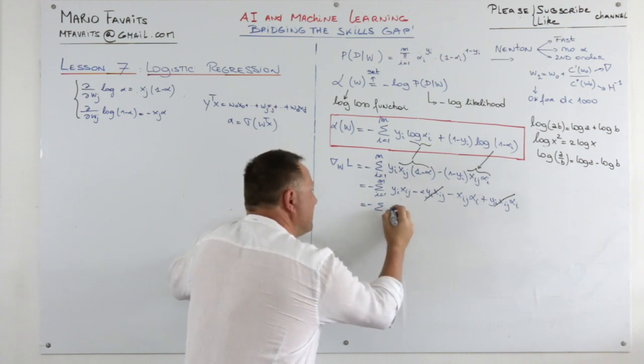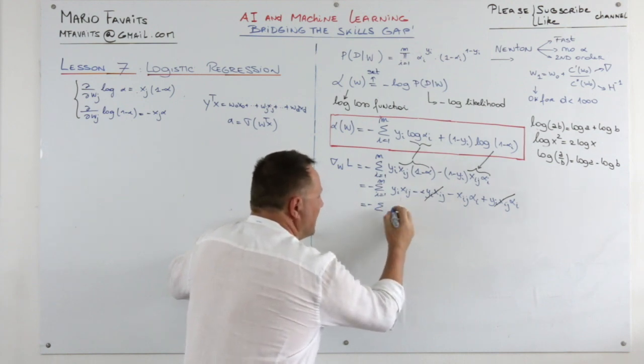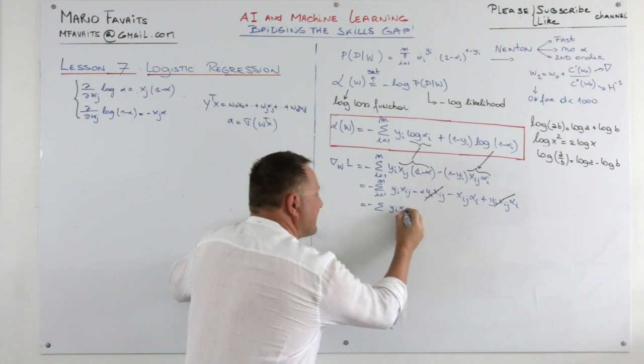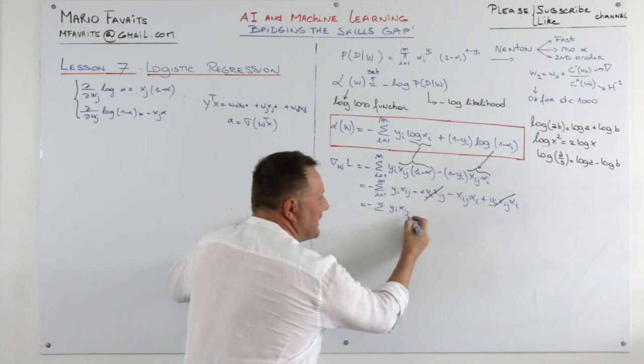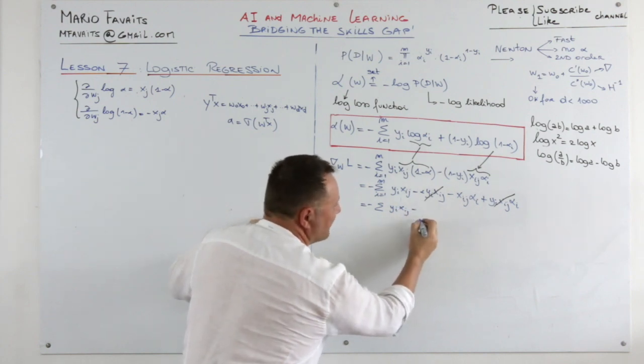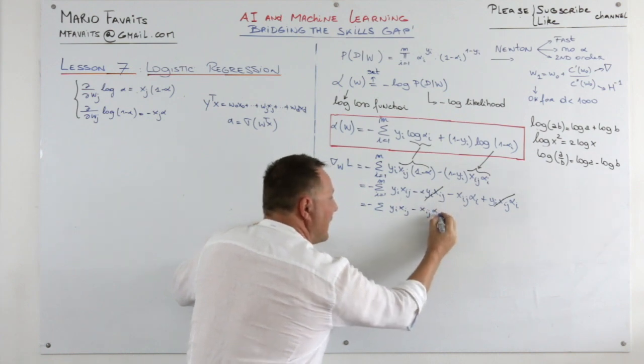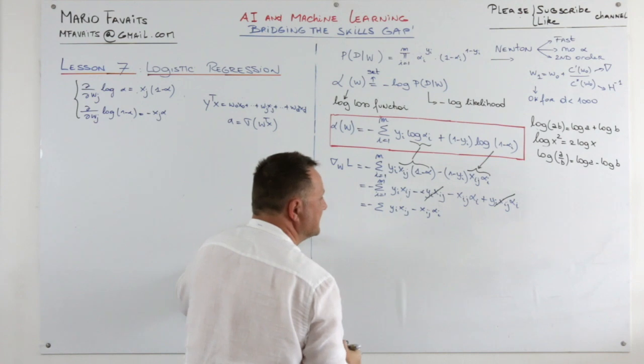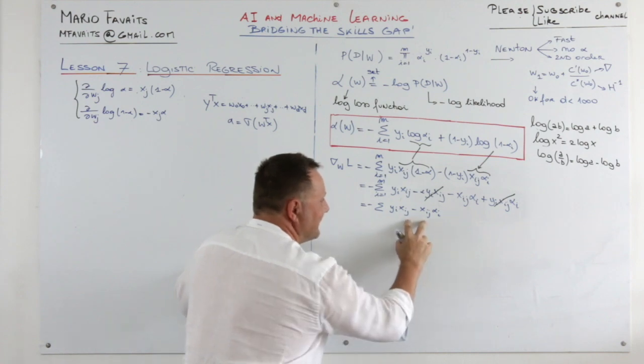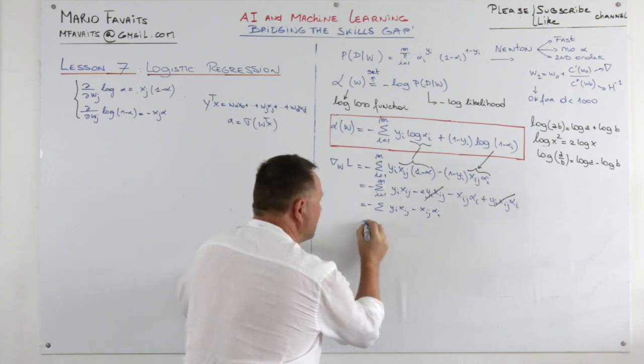minus the sum of yi xij minus xij times alpha I. So let's now take the x outside.